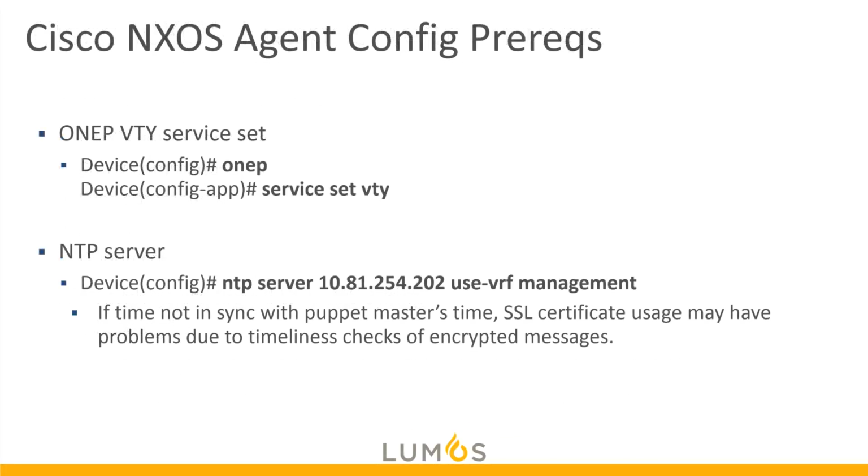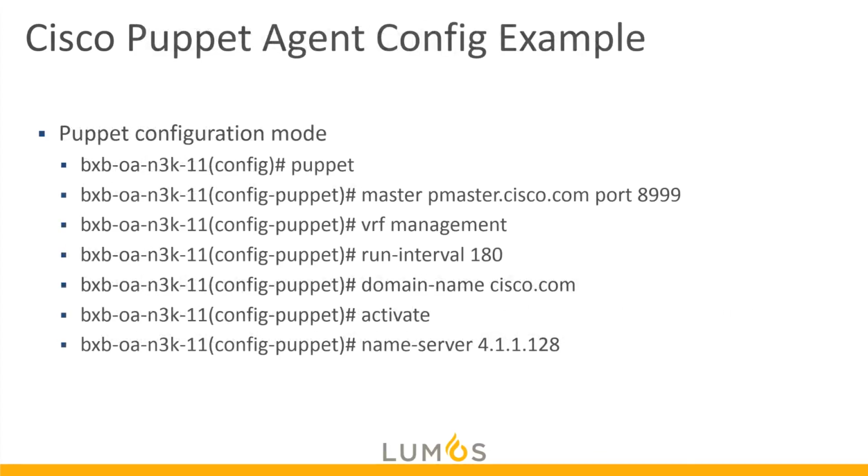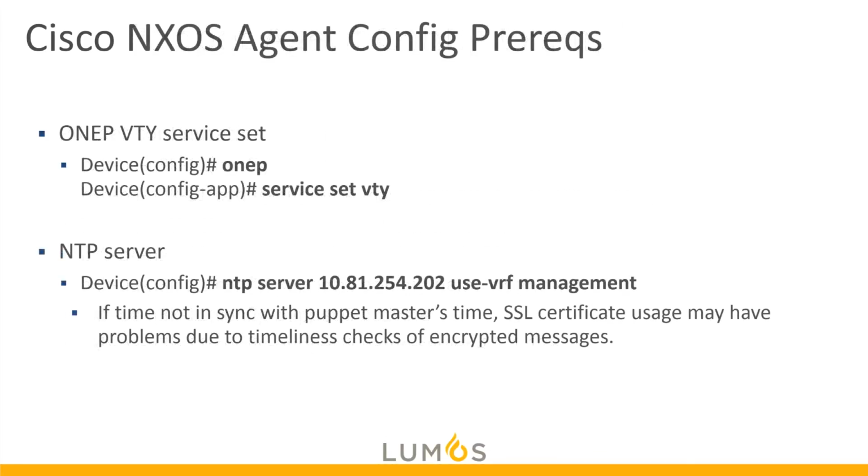For instance, if we wanted to have, let's say, onePK set a VTY service, we could go in and configure this application called onePK, set service for VTY, and do similar configuration with the NTP server. I should go back and say this is actually required. These are prerequisites. We have to set the onePK service for VTY, and we must have NTP synchronized.